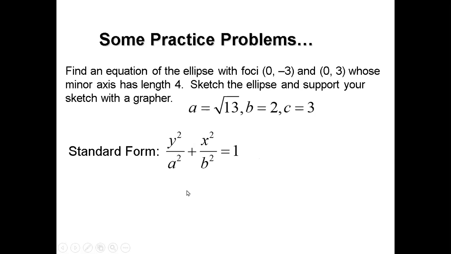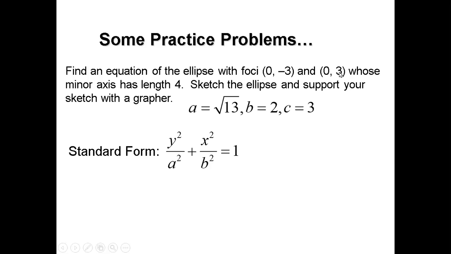Sir, how did you determine that it's in the form of y squared? How did you determine that it's a vertical ellipse? Okay, by looking at your foci. The x-value of the foci is 0, so the center is at (0, 0), but look at the value of y: that's -3 and 3.